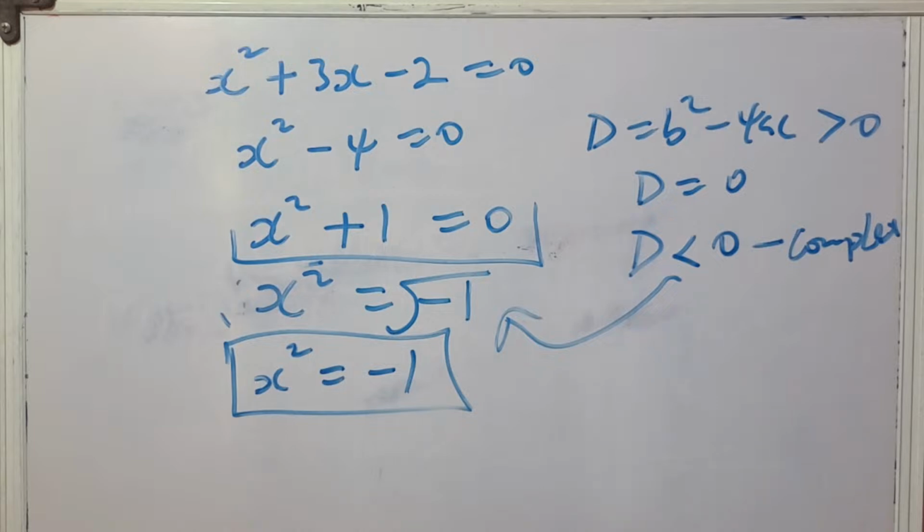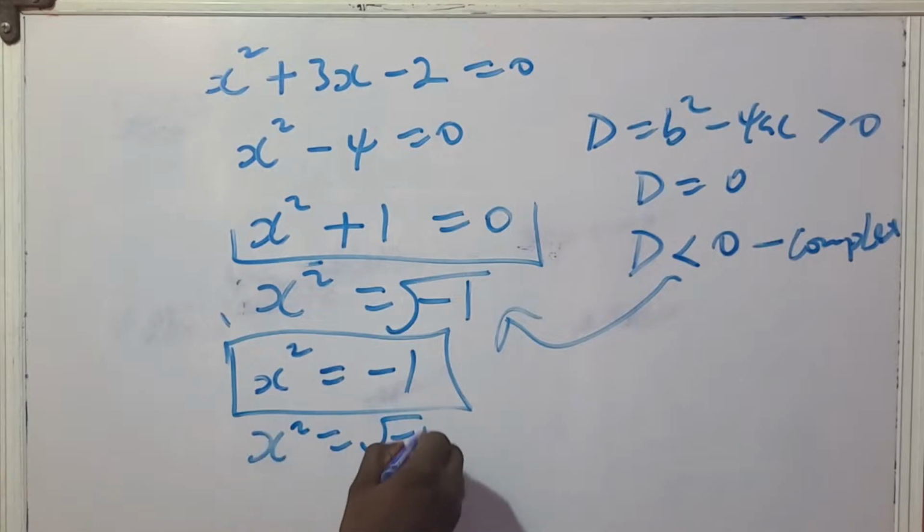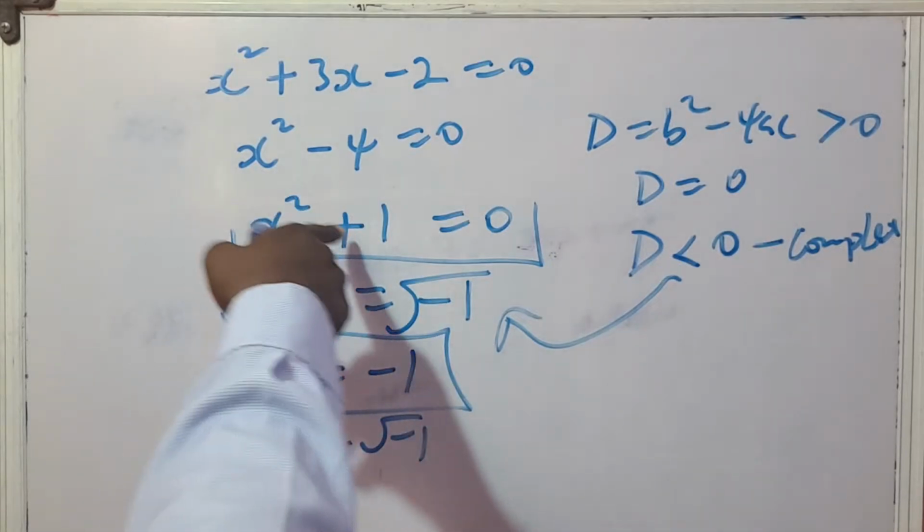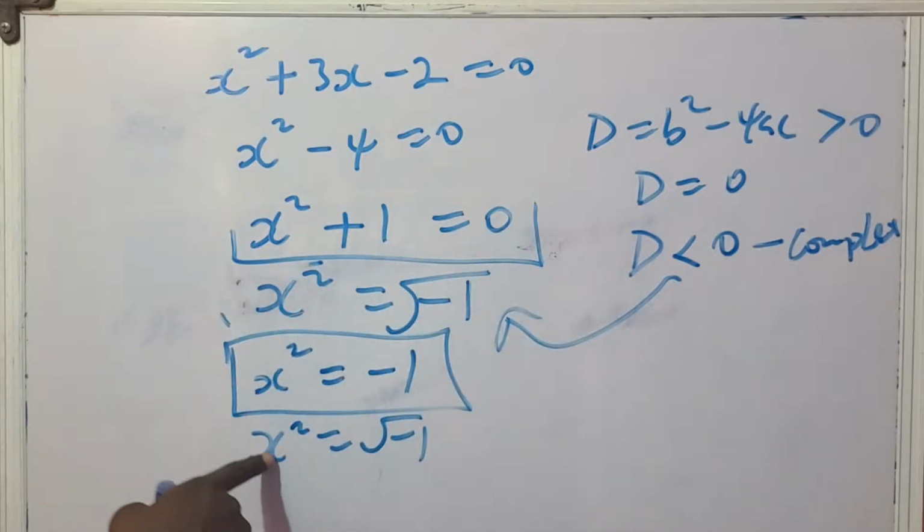Now, you will leave this class as a guru in complex number if you pay real attention, I can assure you. Now, let's talk about this square root of minus 1. We said x squared equals to minus 1. Don't forget, when we had x squared plus 1 equals to 0, of course, x squared equals to minus 1.